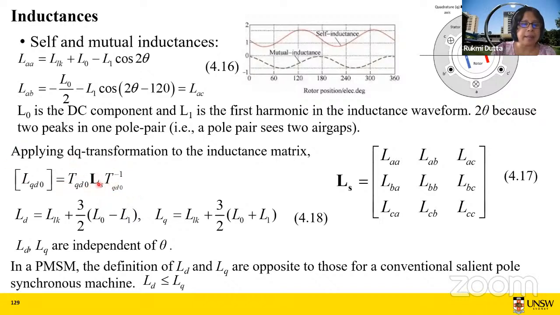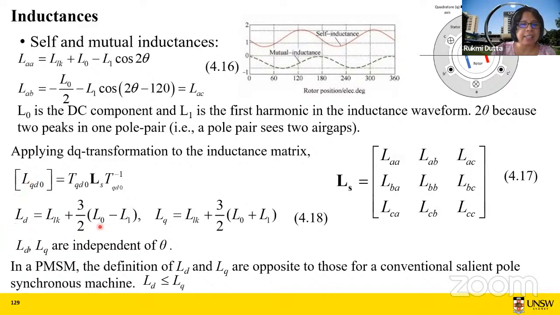So when we do this multiplication between three matrices, the resultant will be an LD and LQ term on our left-hand side.